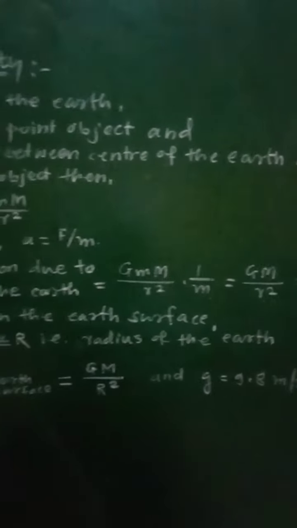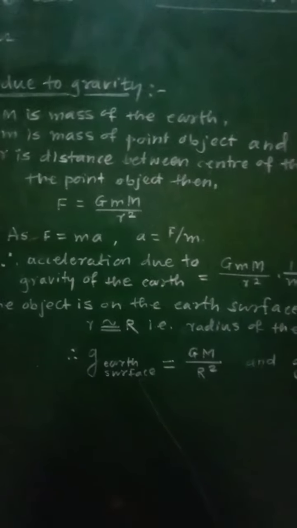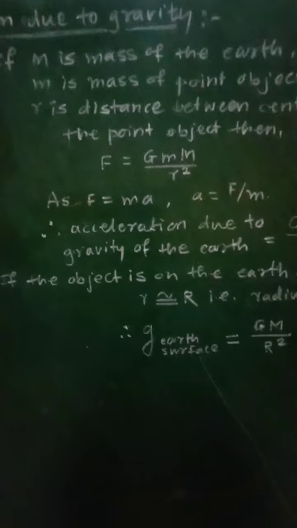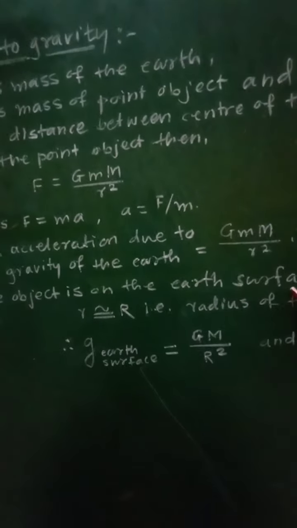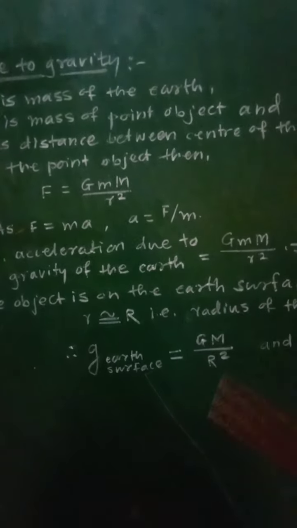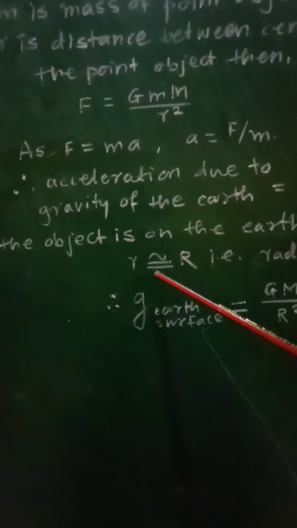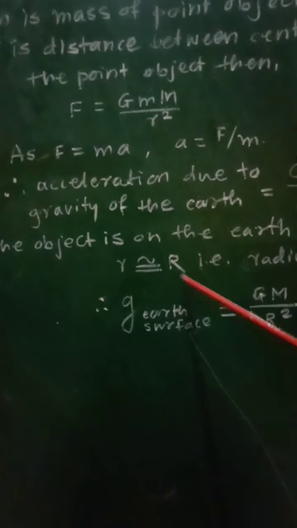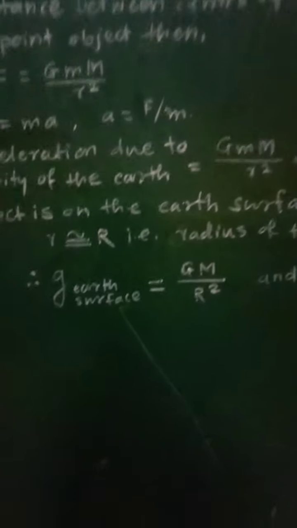Now if the object is close to the surface of the earth, that is, if the object is placed on the earth's surface, at that time we can say that the distance between the object and the center of the earth, r, will be approximately equal to the radius of the earth.